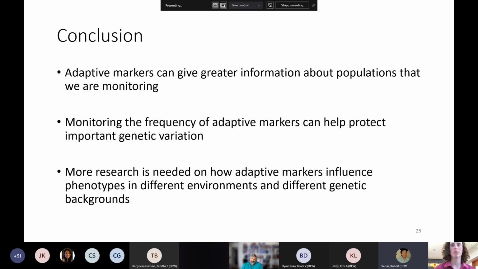Since NMFS used to say that some of these runs were not distinct, are we going to have more differentiation in the future?